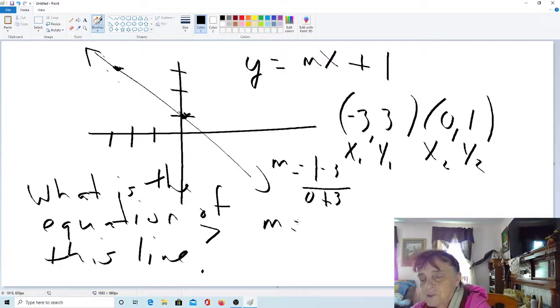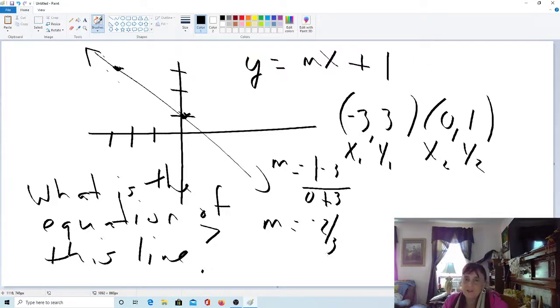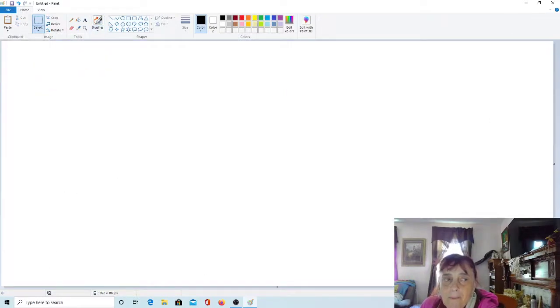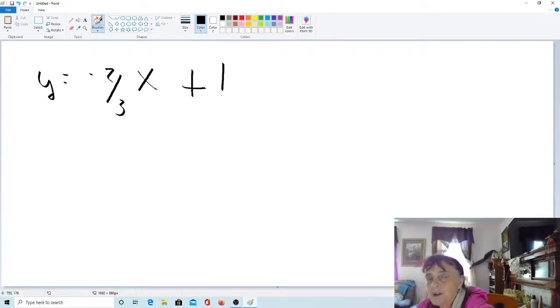And so that's negative 2/3. So y is negative 2/3 x plus 1. We replace this m here with negative 2/3. So y is negative 2/3 x plus 1. So that's my equation of that line, given those points.